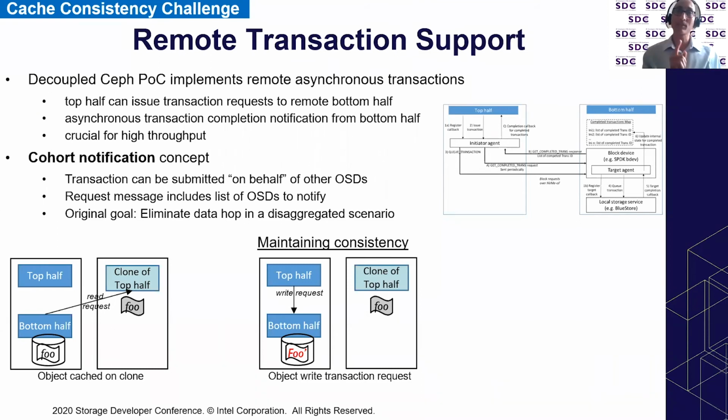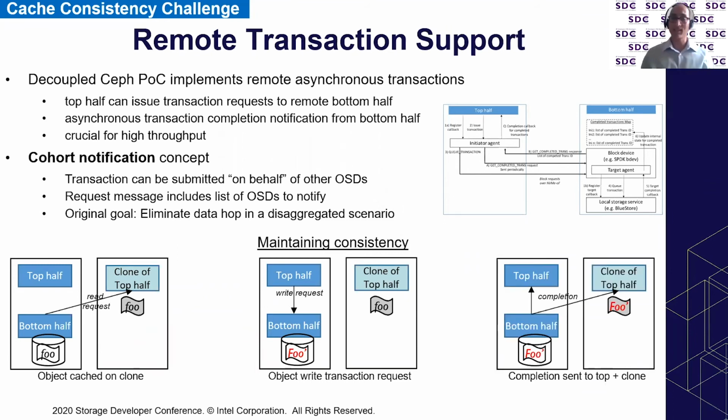In this object write transaction request, the top half, since it knows what its clone set is, will include the list of all the clones that need to be notified. The simplest is where it includes all of the clones. So what will then happen is when the bottom half completes this transaction, it will send the completion notification not just to the top half that initiated the write request, but to all the clones of this top half.